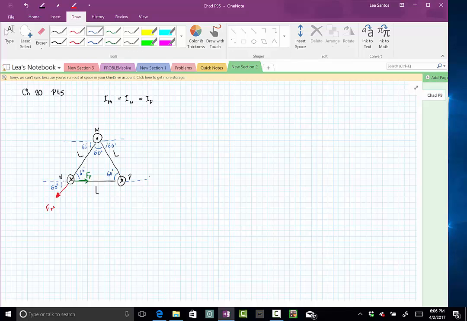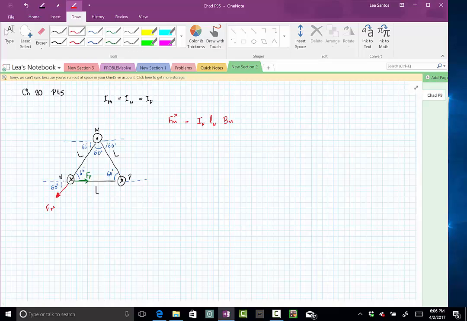So what we have to find out, I'm going to start computing the force caused by the wire M. The force caused by the wire M has two components, one in the X and the other in the Y direction. So in the X direction, the force caused by the wire M will be the current on N, the length of this wire N, and the magnetic field caused by M. And what else do we know?